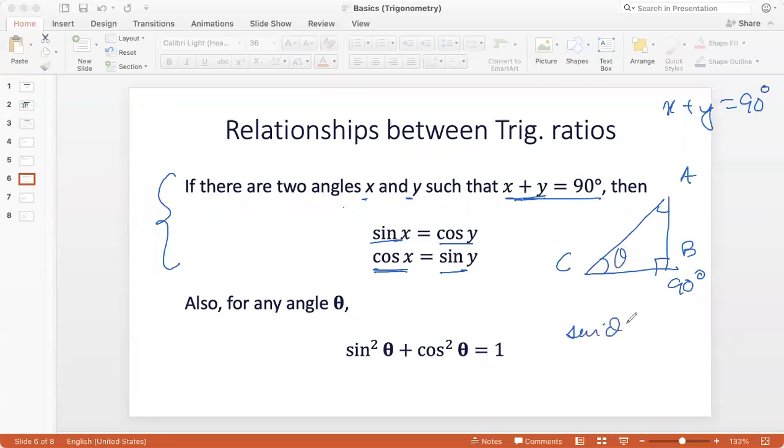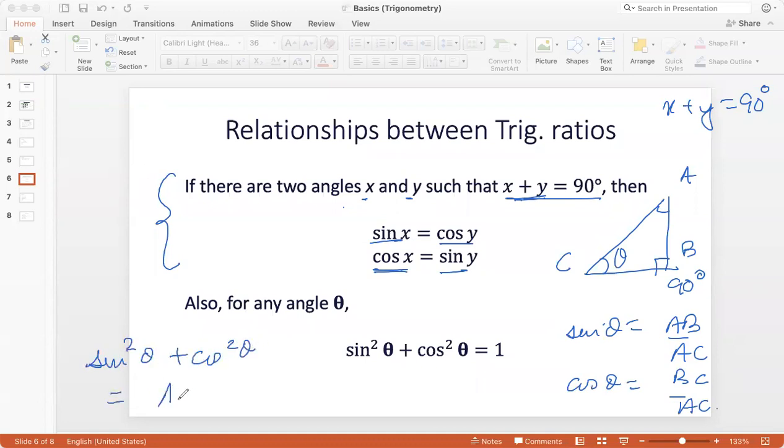Then sine theta is AB by AC and cos theta is BC by AC, right? So sine squared theta plus cos squared theta is AB squared plus BC squared by AC squared. But AB squared plus BC squared by Pythagoras theorem is AC squared. And so this ratio is always 1, right?